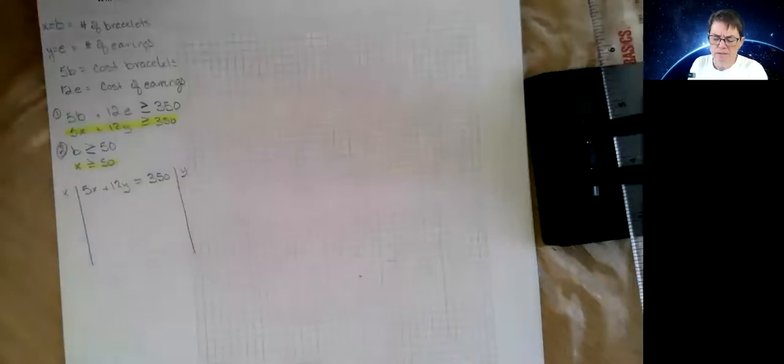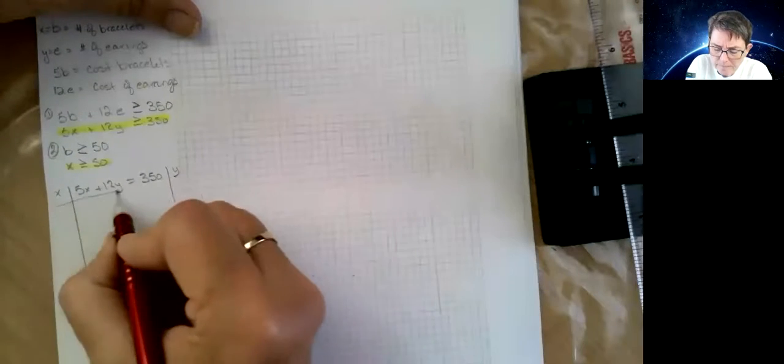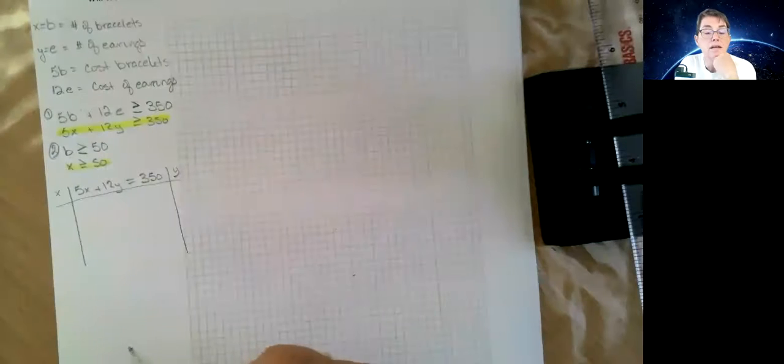Now, here's an example where doing 0, 1, 2 really isn't going to make a lot of sense because I think it's going to mess up my graph.